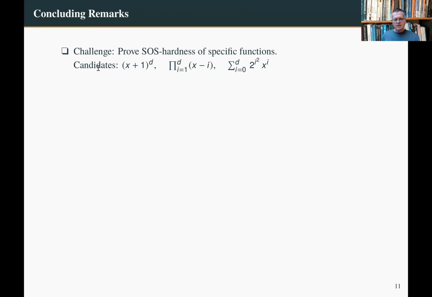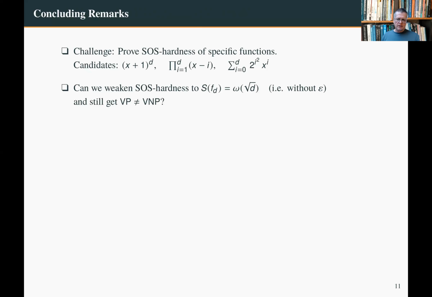And if you can show this, then you would separate VP from VNP. Clearly, there are people who interpret it the other way around and say that it just indicates that even this mild hardness thing is hard to prove, but who knows.